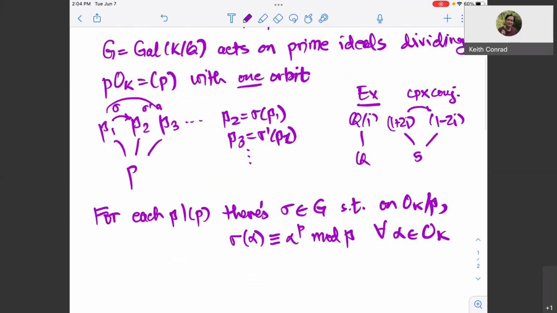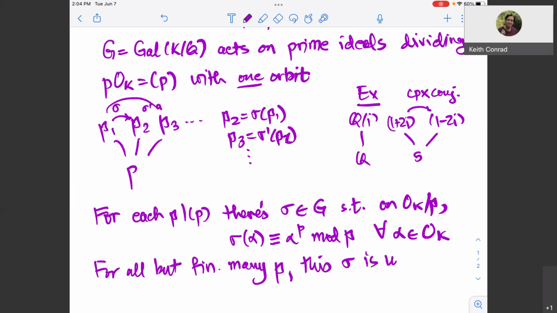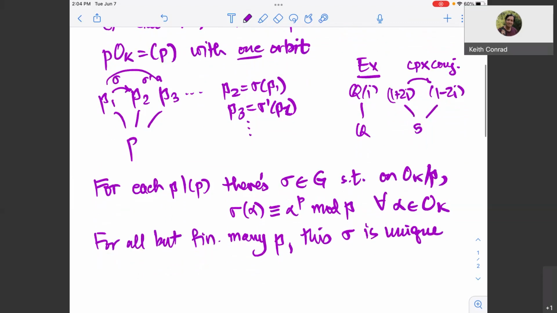There could be more than one of these for a particular prime ideal, but for almost all but finitely many prime ideals upstairs, this element in the Galois group is unique. For those who've had enough algebraic number theory, it's for the unramified prime ideals. In any case, for all but finitely many, there's only one.